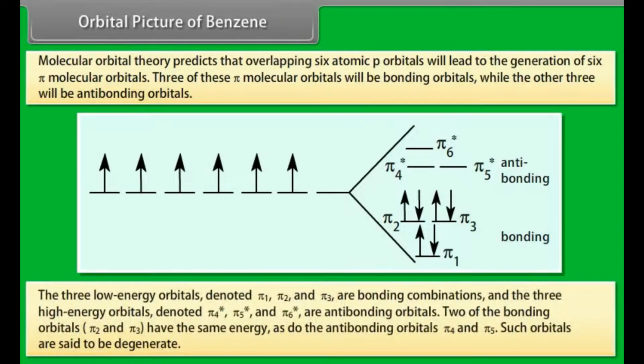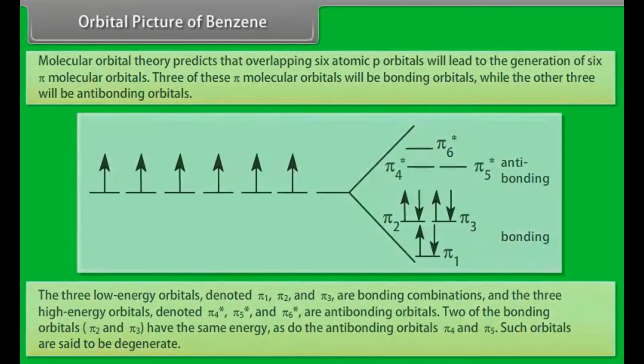The 3 low-energy orbitals denoted pi1, pi2 and pi3 are bonding combinations, and the 3 high-energy orbitals denoted pi4, pi5 and pi6 are anti-bonding orbitals. 2 of the bonding orbitals, pi2 and pi3, have the same energy, as do the anti-bonding orbitals pi4 and pi5. Such orbitals are said to be degenerate.